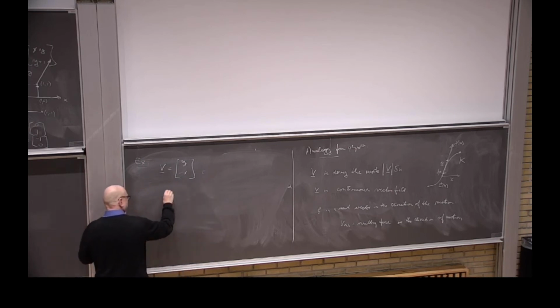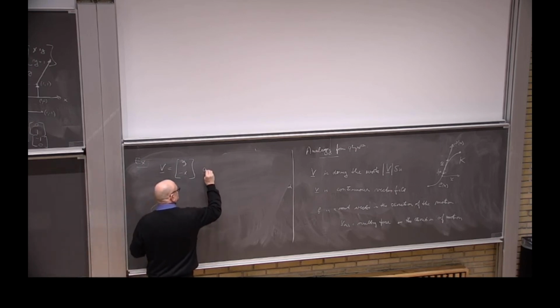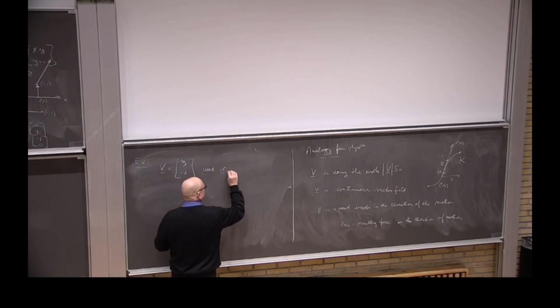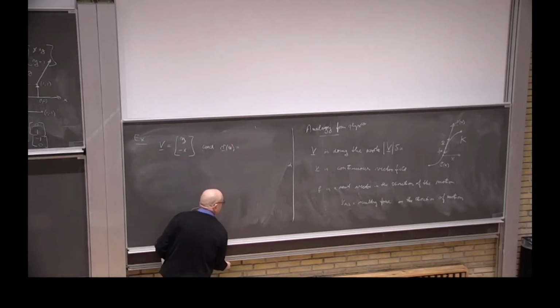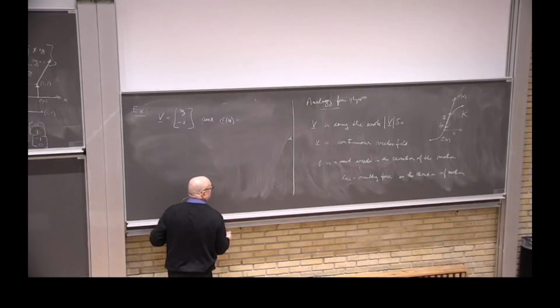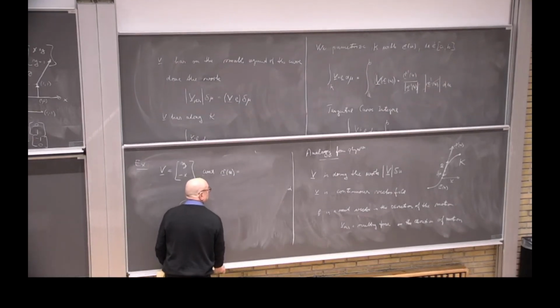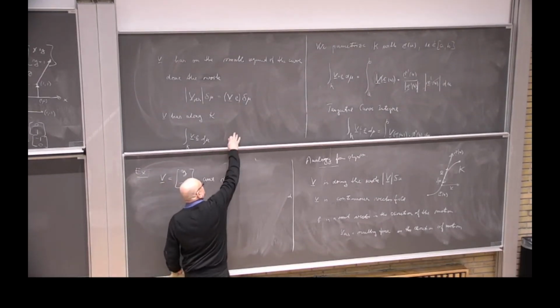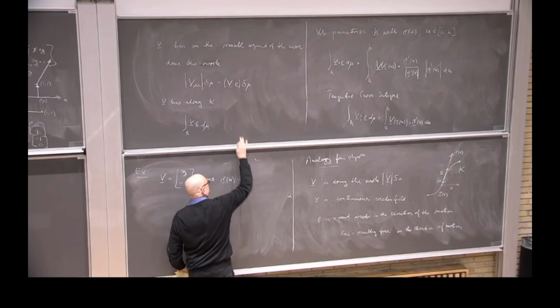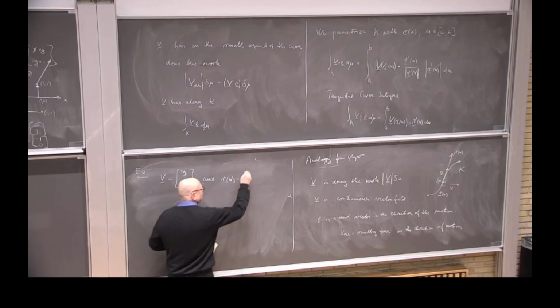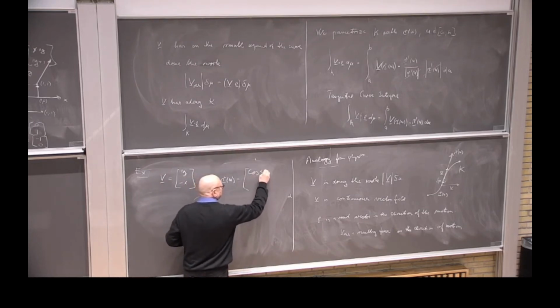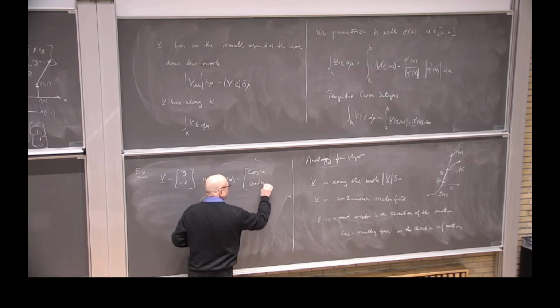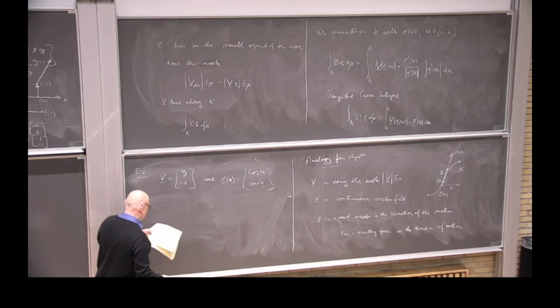And then I have a circle. That is, I have this parametric representation: cosine u, sine u. So we are on a circle.